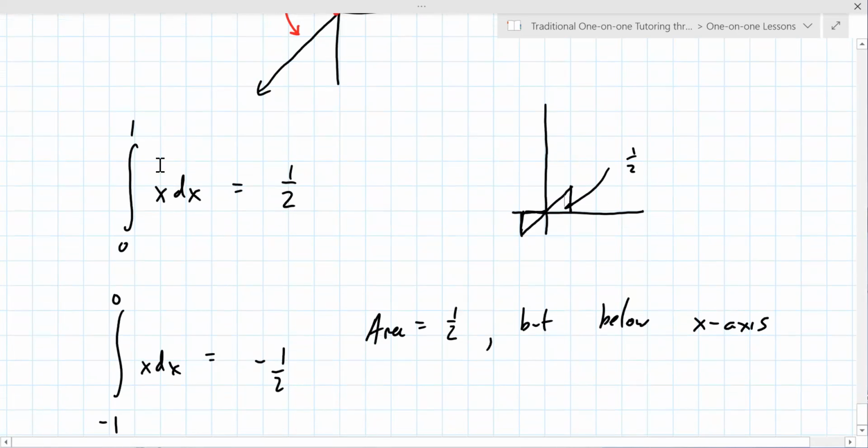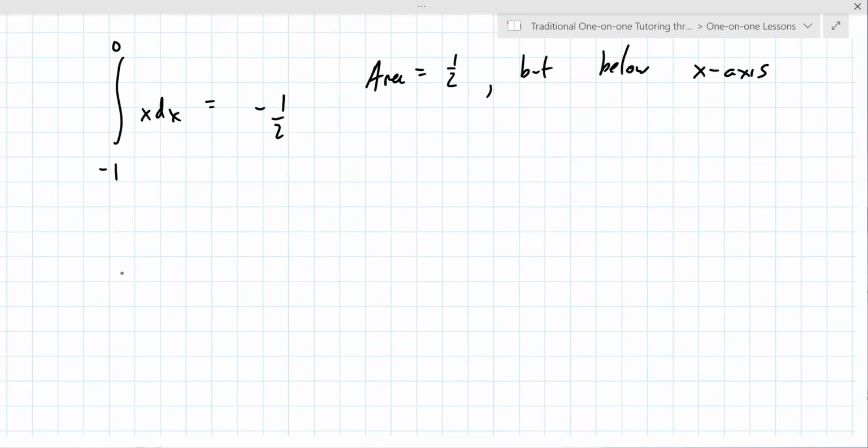Let's do another example after this to explain that. But do you agree that it's also 1/2, but it's negative because it's below? Is that okay? Yeah. Okay.